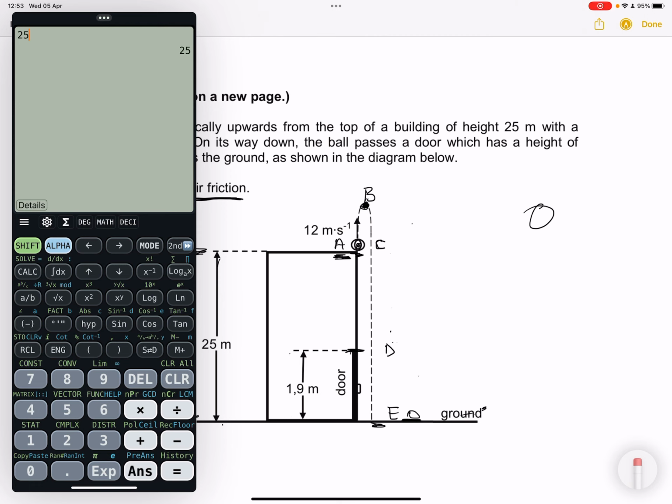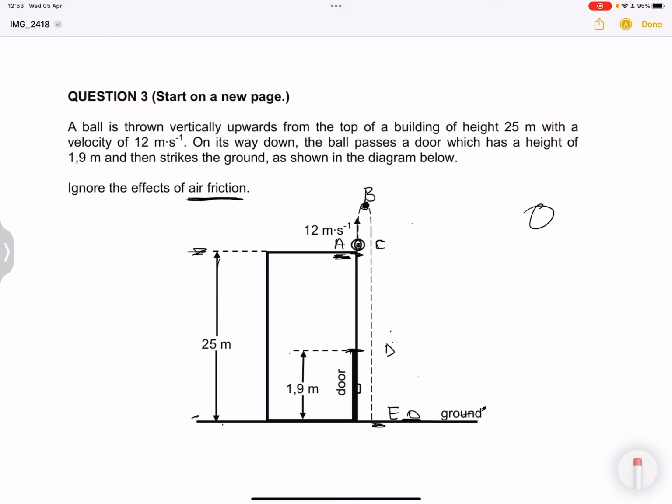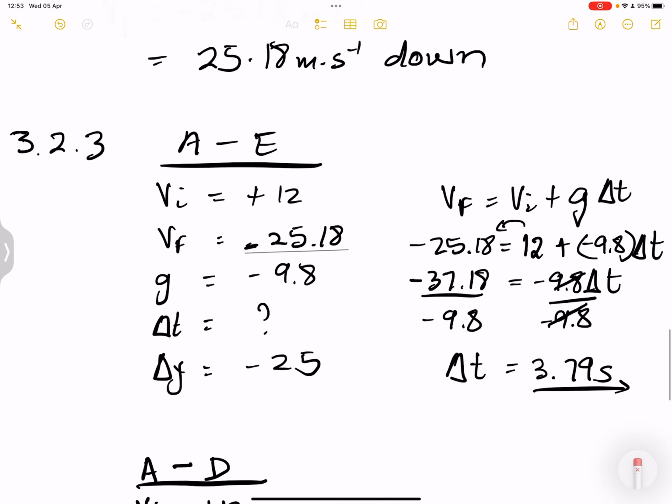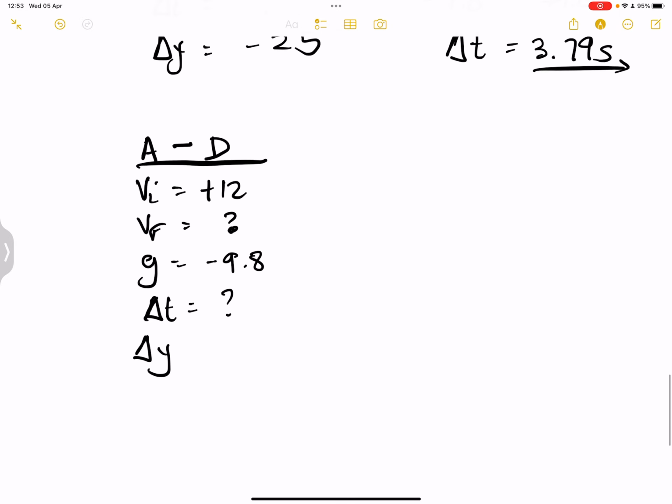So that's 25 minus 1.9, so that's 23.1. But remember, it is displaced downwards. So the displacement here should be negative 23.1 meters. So now we're going to look for that time.